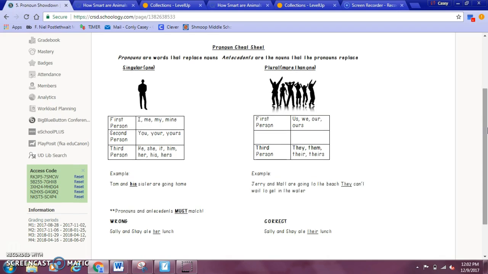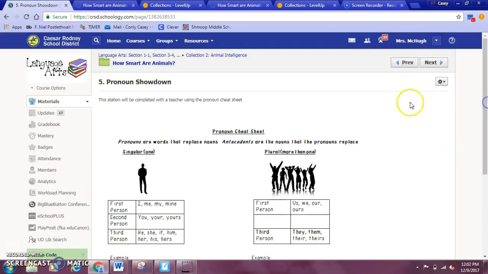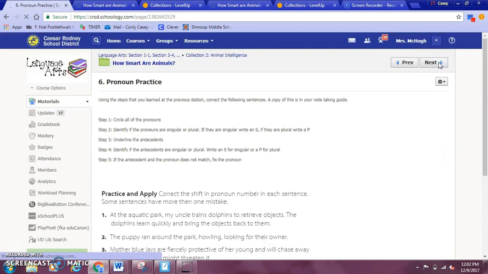One teacher was at this station, another teacher was rotating around the classroom, checking in on the students as they were working. We went over this cheat sheet at this station. We talked about singular versus plural pronouns, as well as antecedents, and that the pronouns and the antecedents must match. So this station was completed before they went to the sixth station.